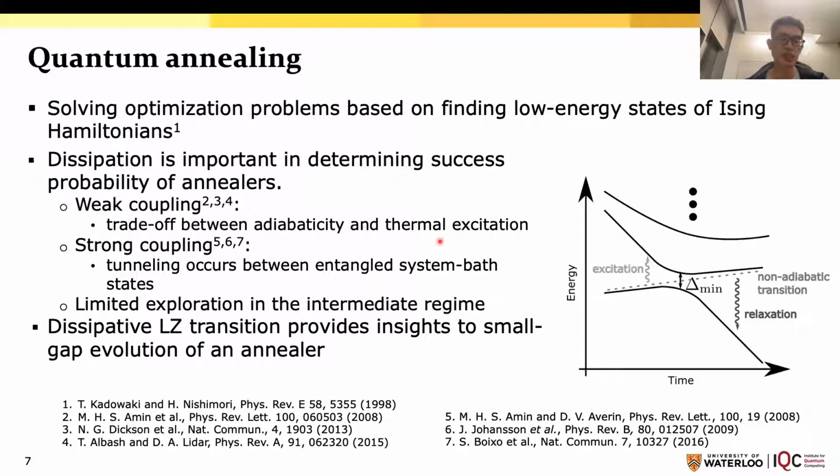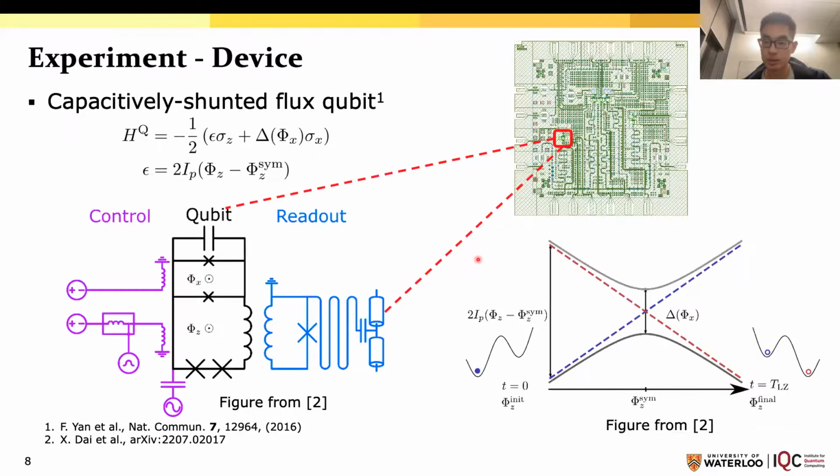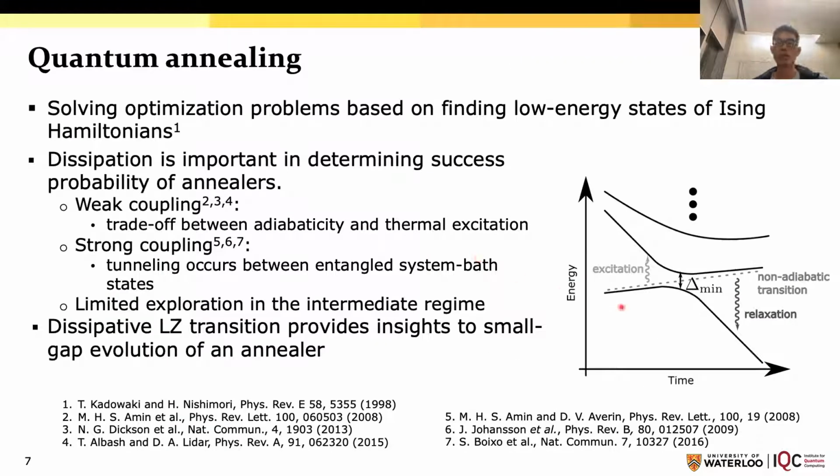There have been many previous literatures discussing what would happen when the system-bath coupling is in the weak coupling limit, and what would happen in the strong coupling limit. In the weak coupling limit, you can imagine that there's a trade-off between adiabaticity and thermal excitation.